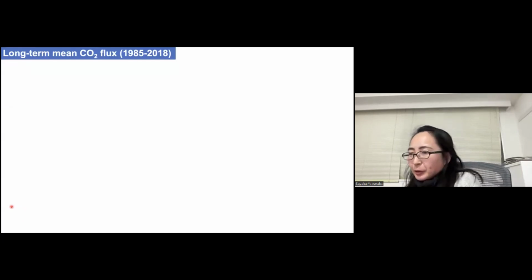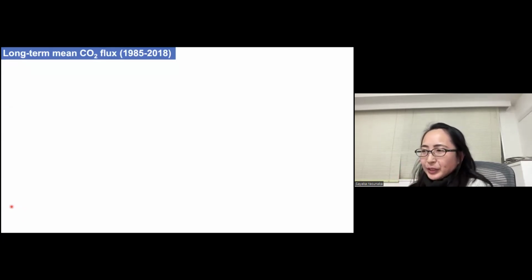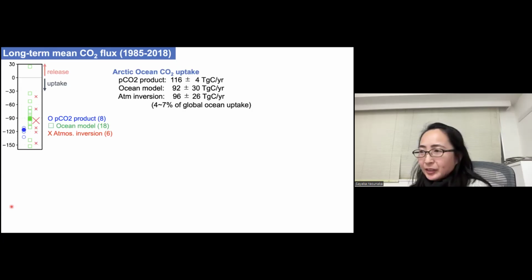All right. So first, we assessed the long-term mean of CO2 flux integrated over the whole Arctic Ocean. And this is the result. Negative numbers mean CO2 uptake in the oceans.